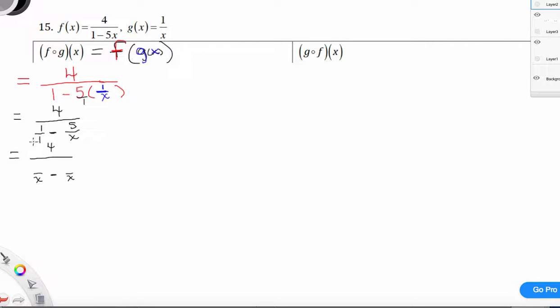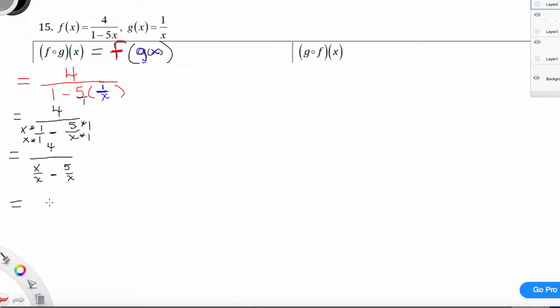And then 1 times x gave me my new denominator of x, so I also have to multiply my numerator by x as well, and 1 times x is x. And over here, x times 1 gave me x, and then 5 times 1 gives me 5. And now that I have my common denominator, I can combine my fractions down here together.